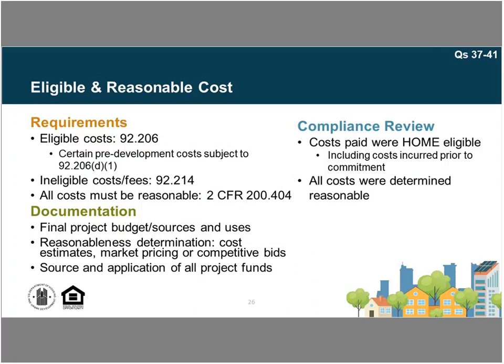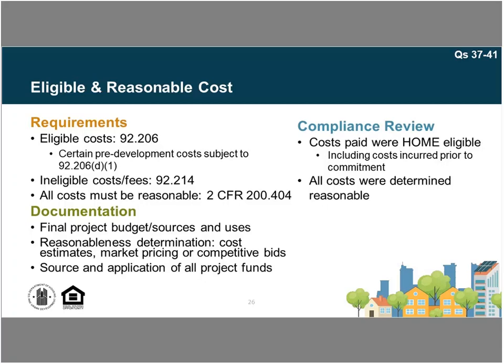They tend to fall into the categories of acquisition, site improvements, infrastructure connections, eligible soft costs, and developer fees. Those are listed in 92.206, and obviously these are items in a development budget. HOME funds can be paid for those eligible costs.